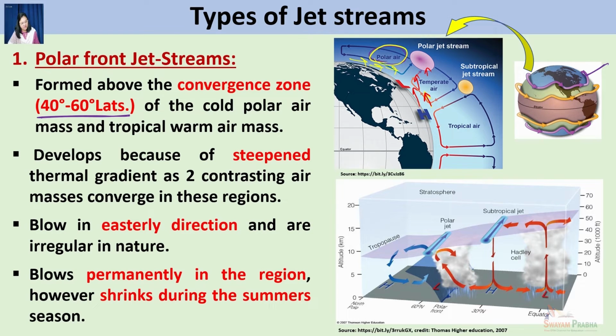So as the contrasting air masses collide, the polar air mass, because it is cold, dense and heavy, has a tendency to subside below the warm air which is coming from the lower latitudes.